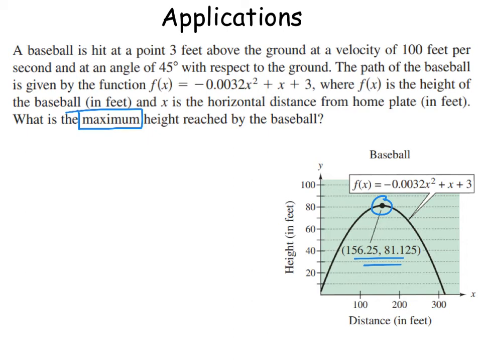How do we get that number? There's the answer, but I'm going to fill in the work. The first thing I would notice here, if I'm thinking X and Y, is that the distance the ball traveled is like an X.